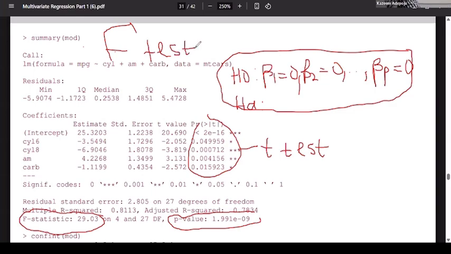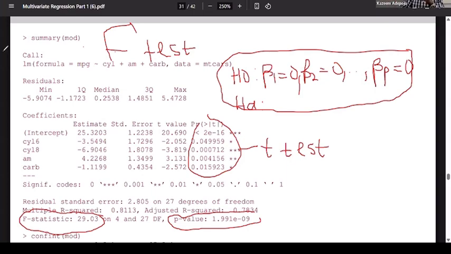The t-test will test the individual contribution of a predictor in the model, while the F-test will test the overall contribution, the adequacy of the overall model. Now, the bottom line is this. When I'm testing a model without covariate against a model with covariate, I use the F-test.